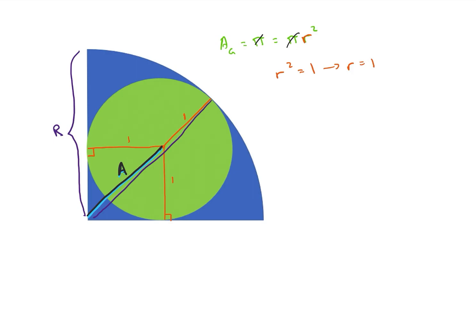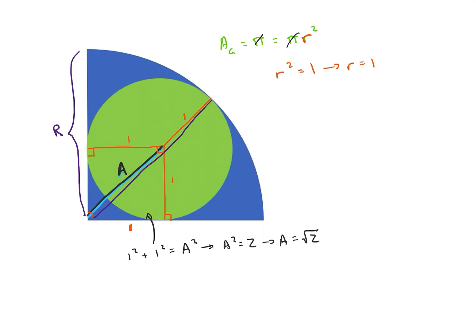To get that distance, we notice that this is a square down here, because I made it with a bunch of right angles, so this distance is also 1. Looking at this bottom triangle, I have 1 squared plus 1 squared equal to A squared, using the Pythagorean theorem, which tells me that A squared is equal to 2, so the side length A is equal to the square root of 2.